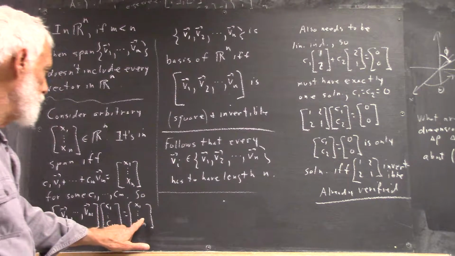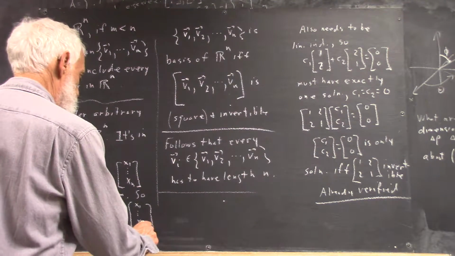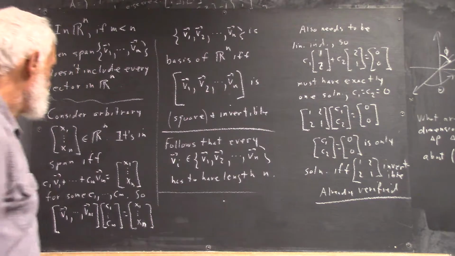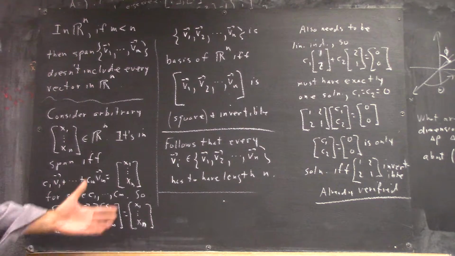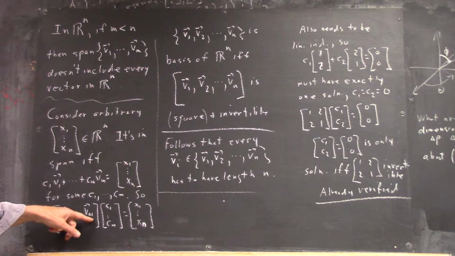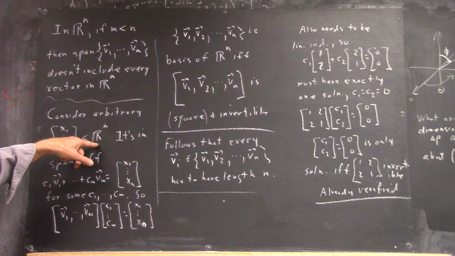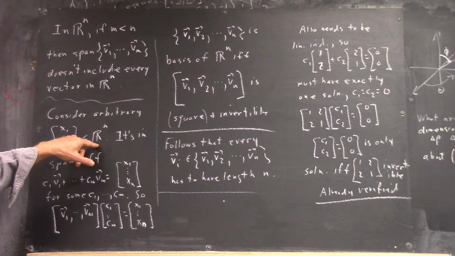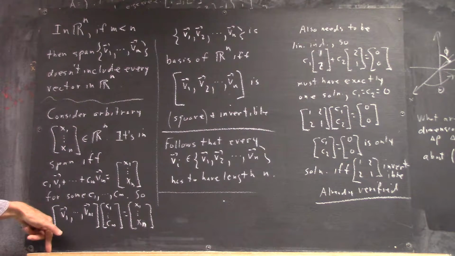And that's xn, not xm. Well, then this matrix will have how many rows? N rows. Because every one of your V1 through Vm is in Rn. It's going to have n rows.